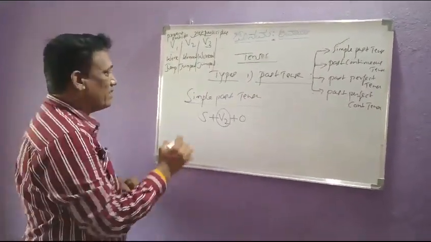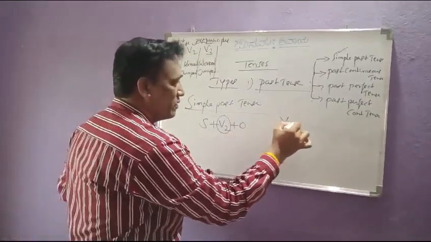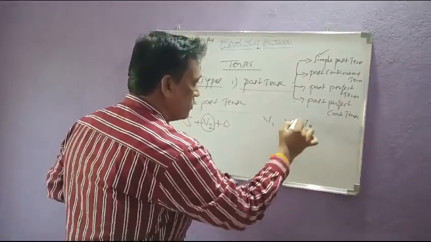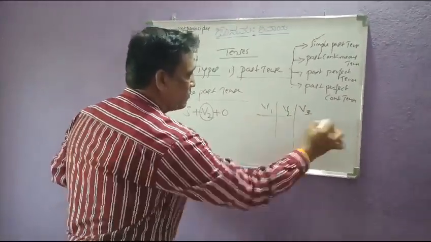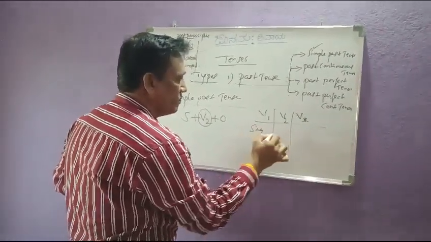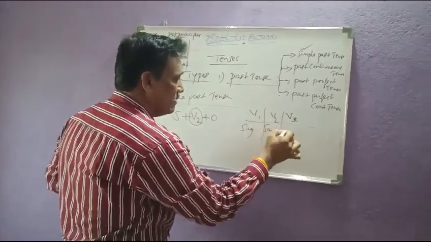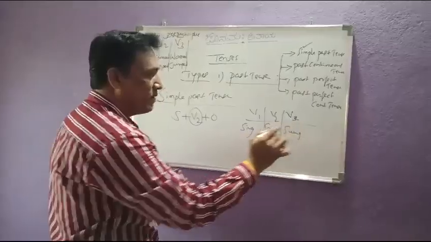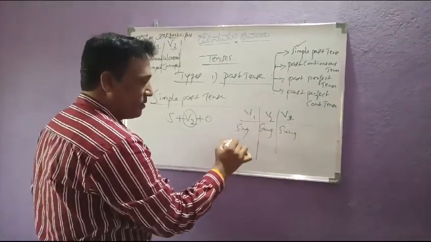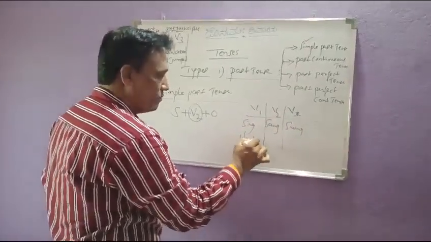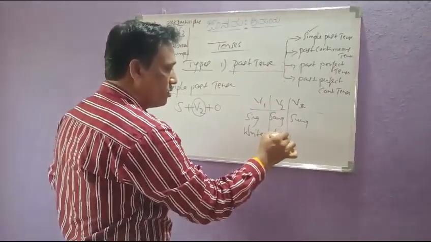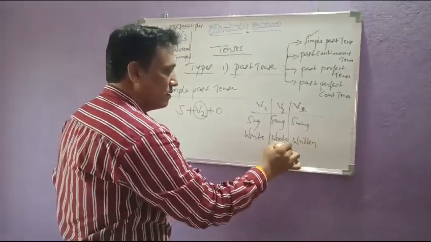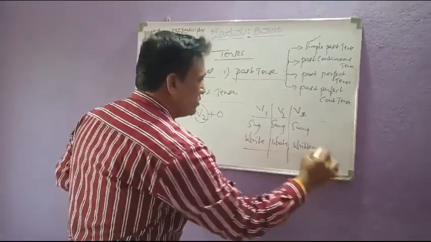But in some other cases, for example, sing, sang, sung. In such examples, V2 and V3 will be different. Write, wrote, written.